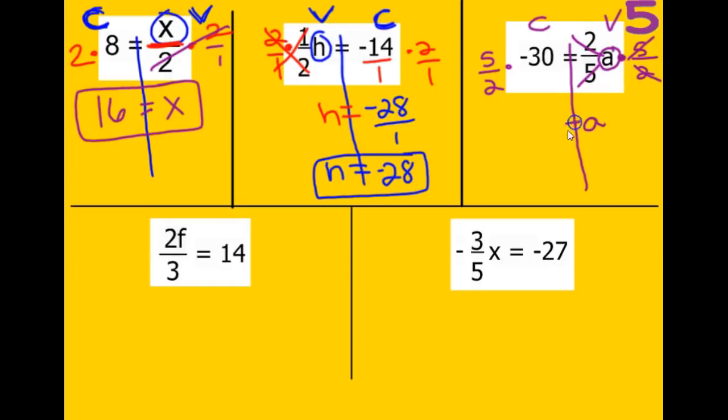So we have a. And then this is 30 over 1. 5 times 30, well 5 times 3 is 15 with a 0, 150. And then on the bottom, 2 times 1 is 2. If you're not sure, use your calculator. 150 divided by 2, we know it's going to be a negative. It should be a negative 75.